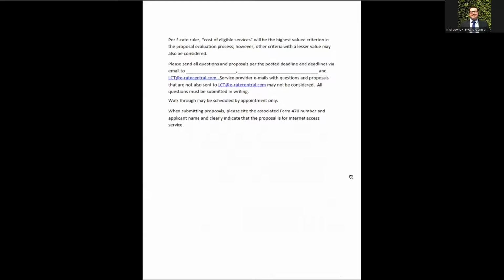Our second page of the service specifications includes some standard language regarding cost of eligible services. Additionally, we have a section in this paragraph to provide information on the library contact name. That will be your name if you are handling E-Rate for your library.